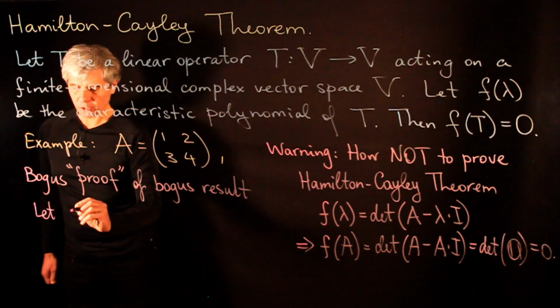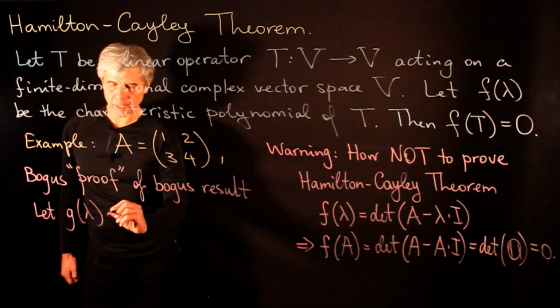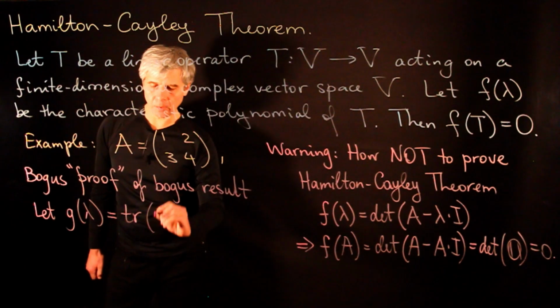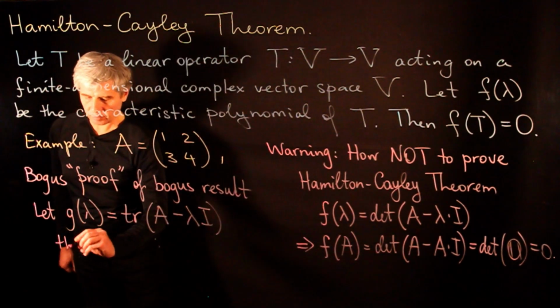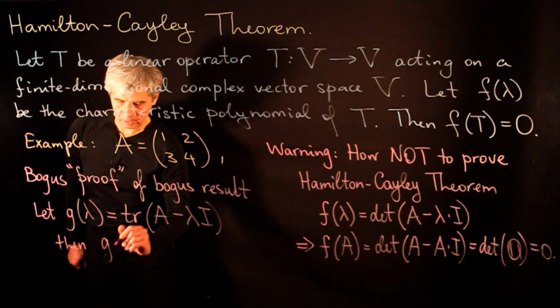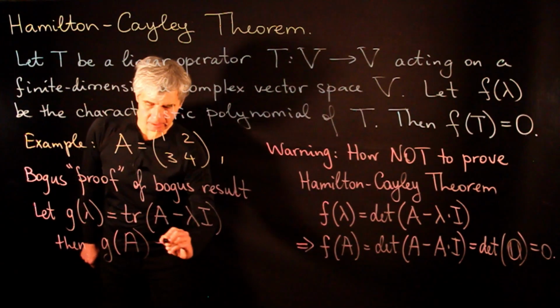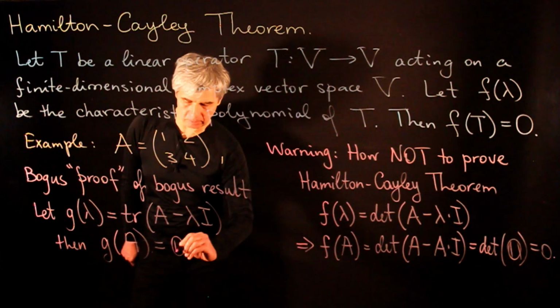Let g of lambda be equal to trace of A minus lambda I. Then g evaluated at A is equal to 0.